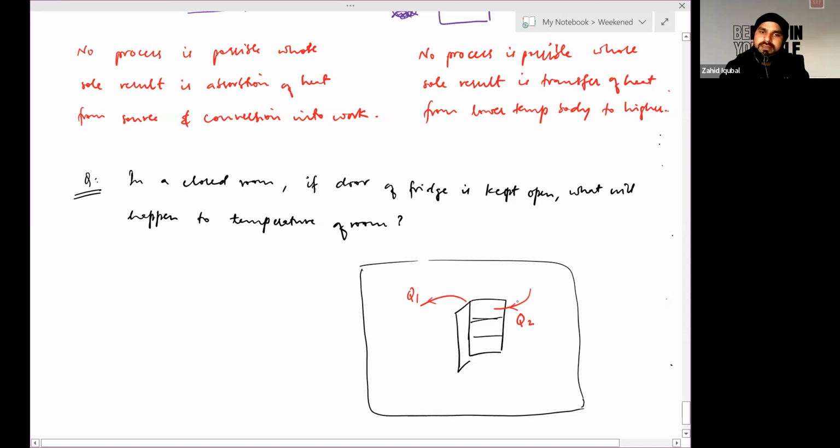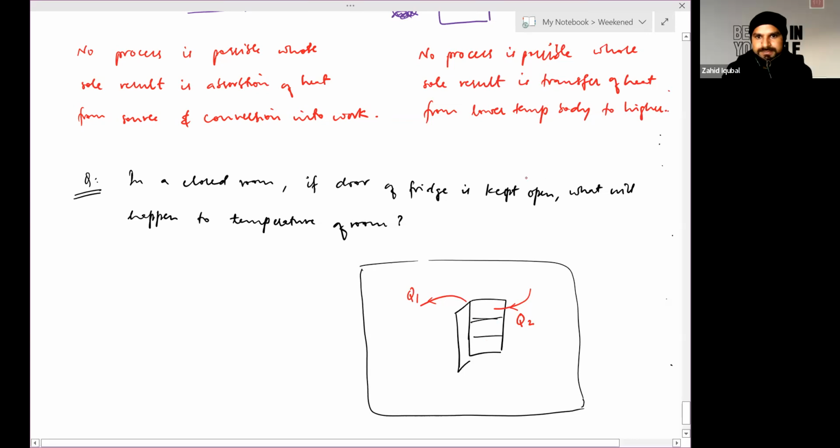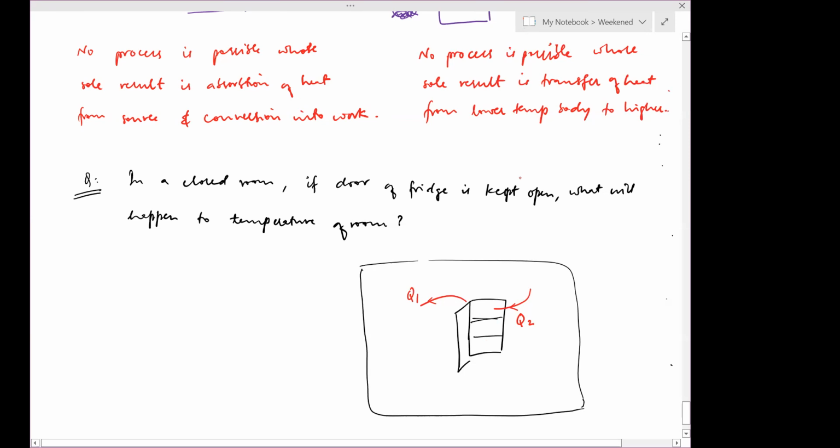So on each cycle, the amount of work supplied by compressor keeps on warming this particular room, hence temperature of room will increase. Is it clear? Yes. Saifullah, any doubt? So please repeat it again.